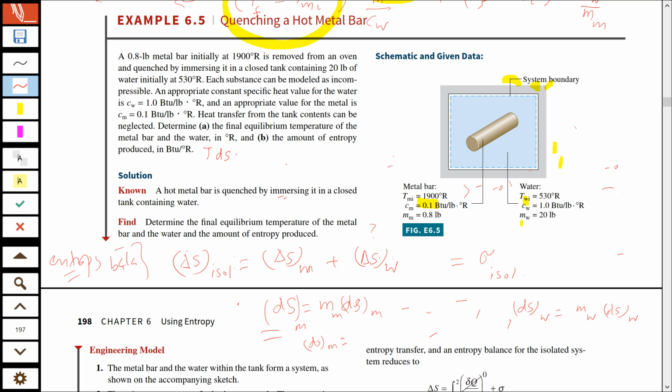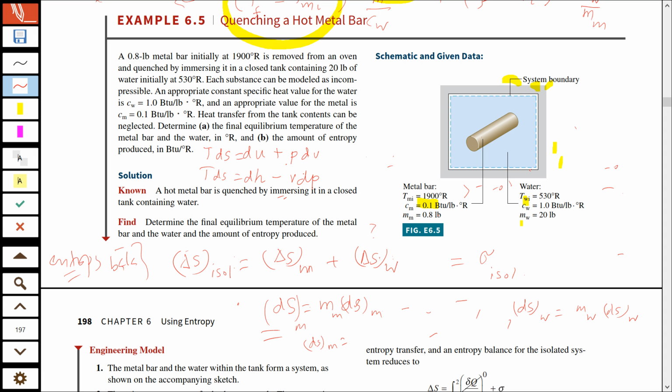Remember, we had the Tds equations. This s is small. One was starting with u, and one was starting with h, internal energy and enthalpy. If I remember it correctly, this was du plus something, and this was dh minus something. This was P dv, and this was v dP. If I remember this correctly.